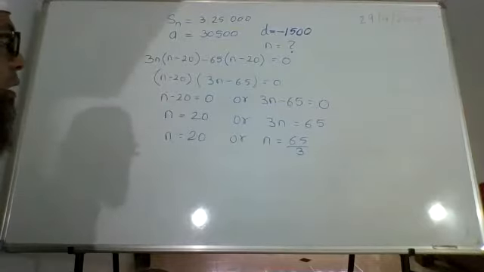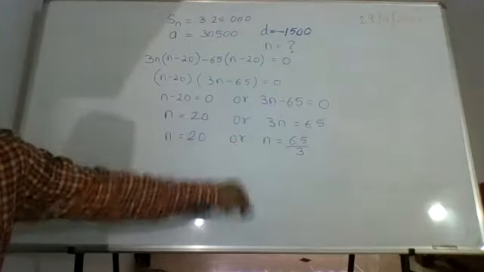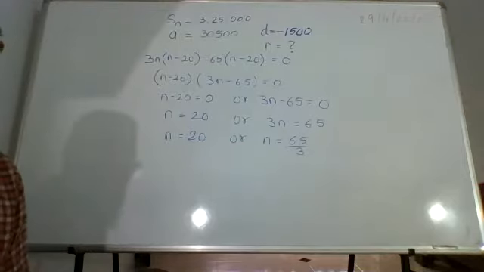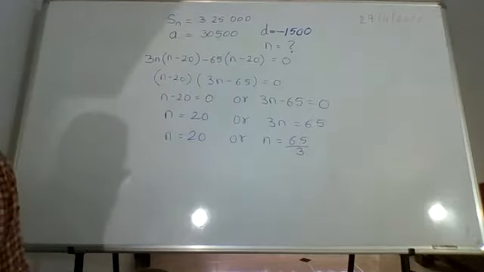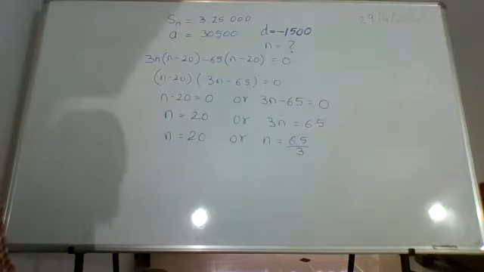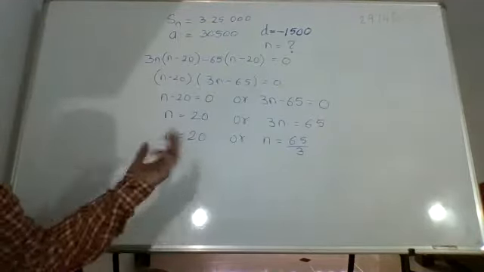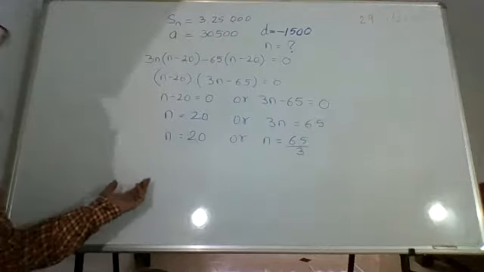Now, since n is the number of months, months cannot be 65 upon 3. You can't have 21.67 months. So that is not possible. Months will be either 20 months, 21 months, 22 months. You can't have it in fraction.